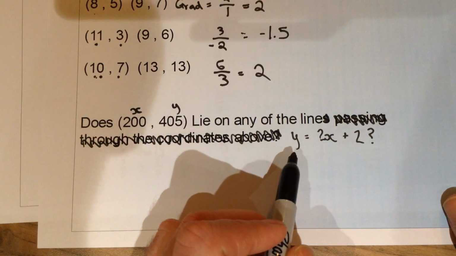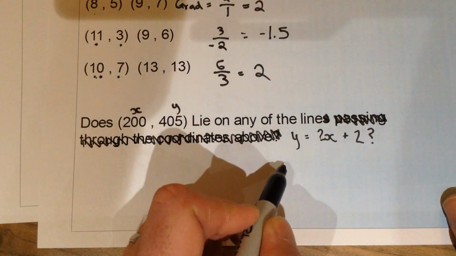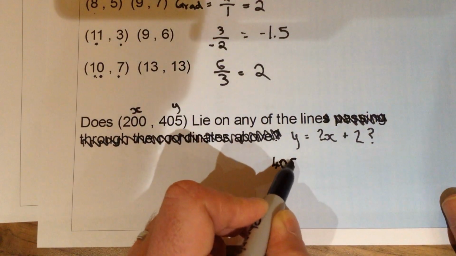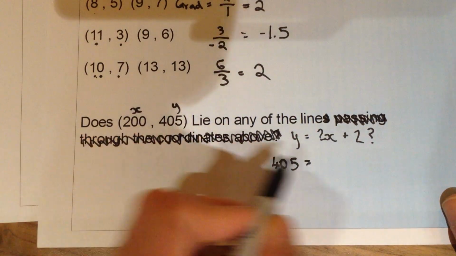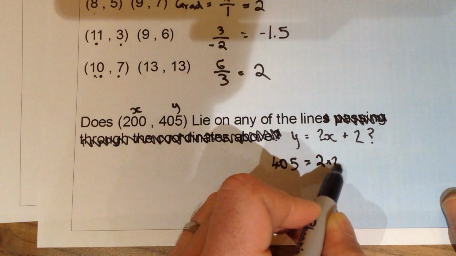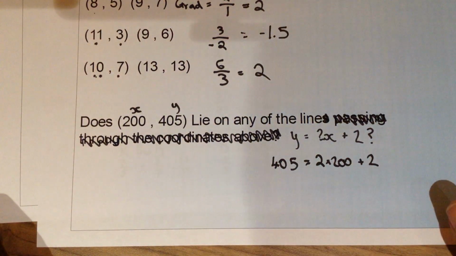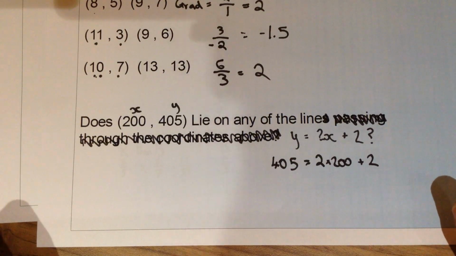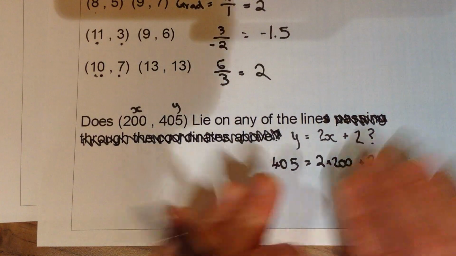So changing the letters y and x in this to these numbers, we would get 405 equals 2x, so 2 times 200, plus 2. And what we are looking for is if this point is on the line, the two sides of this little equation that I've worked out would be the same.